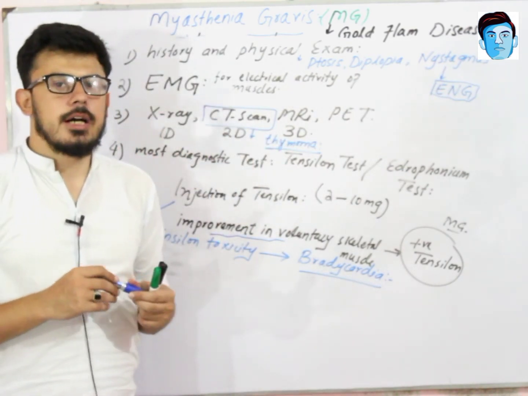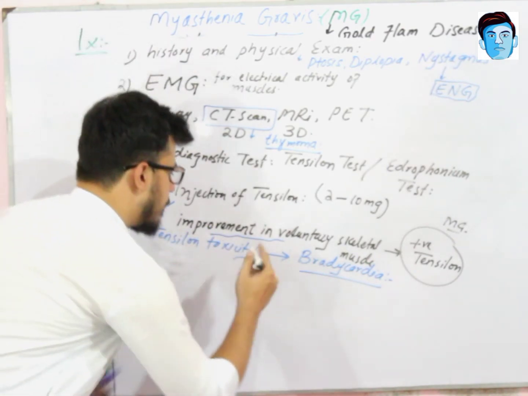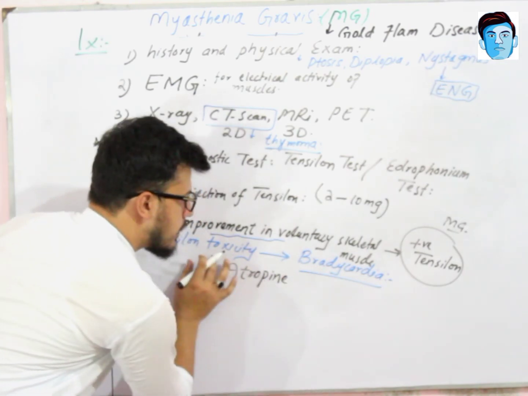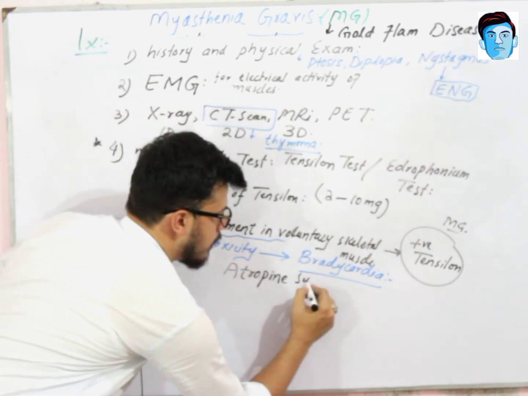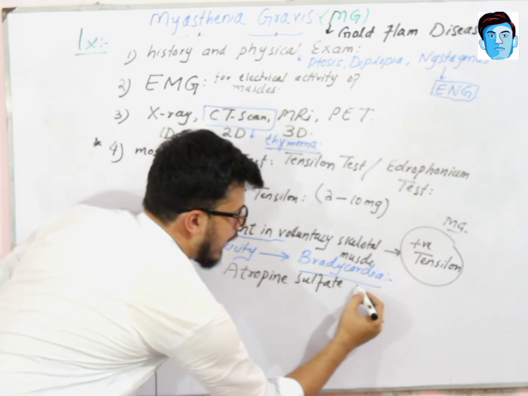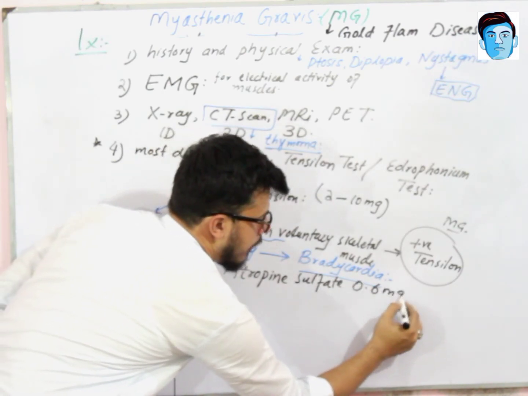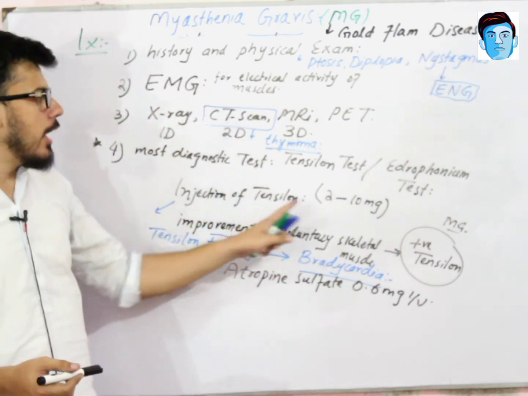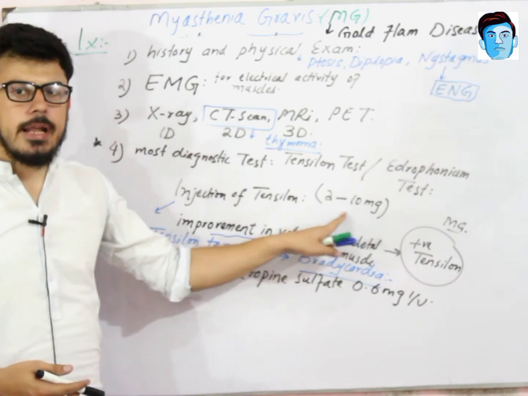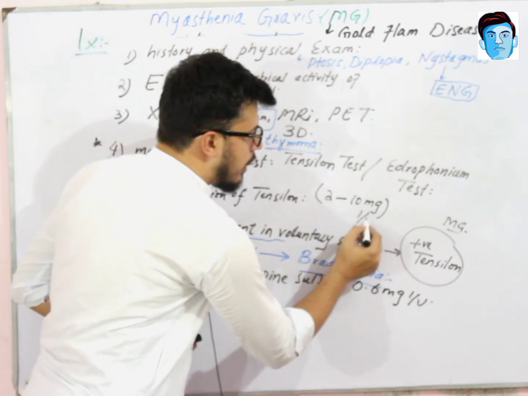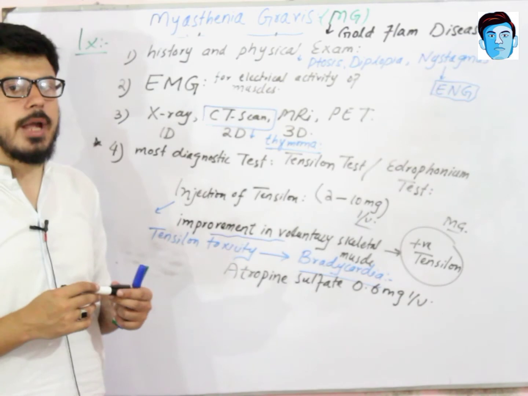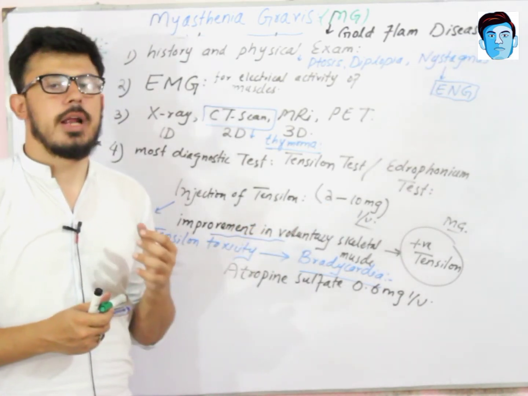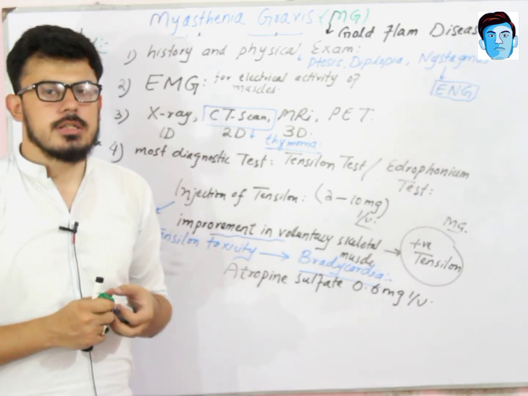We treat it with atropine sulfate, 0.6 mg IV. Also, the injection of Tensilon, in the dose of 2 to 10 mg, is given intravenously. If the muscle shows improvement, it indicates that the patient has myasthenia gravis.